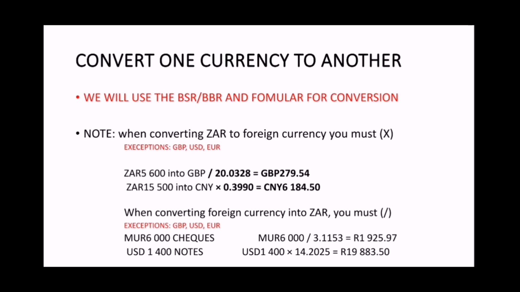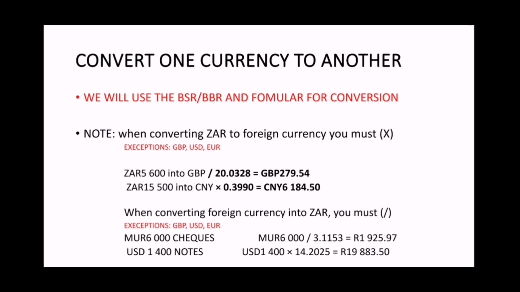If you want to convert 5,600 rand into GBP, you will then divide by the bank selling rate, because the bank is selling your British pound to you. So now you divide by the rate of exchange that you find in your ROE table.